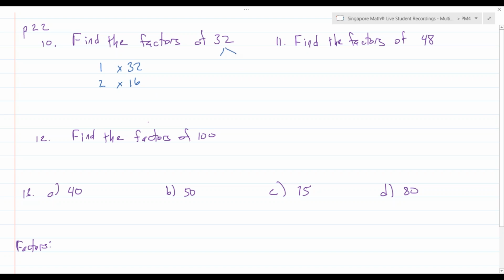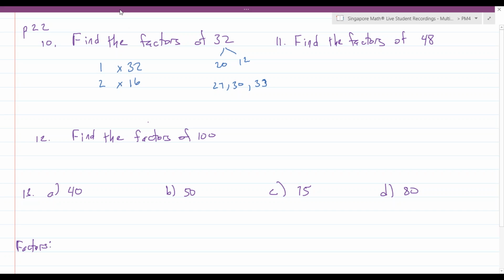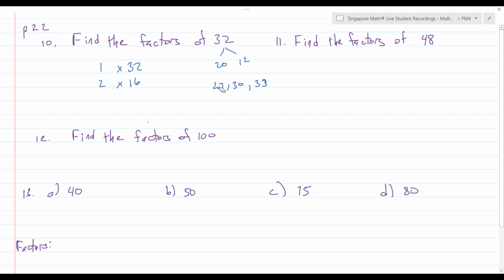You might need to think of 32 as 20 and 12. 3 isn't going to work. If I count by threes, I get to 27, 30, 33. Since 32 is not a count by 3 number, it's not going to be a factor. 3 will not be a factor of 32.